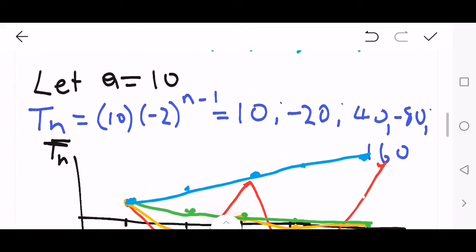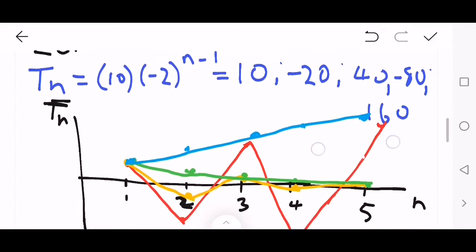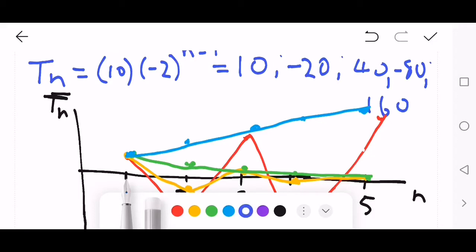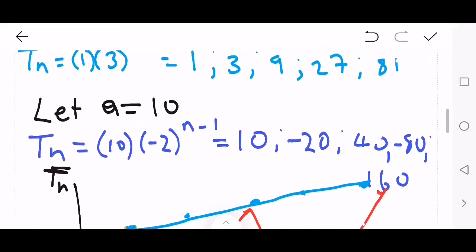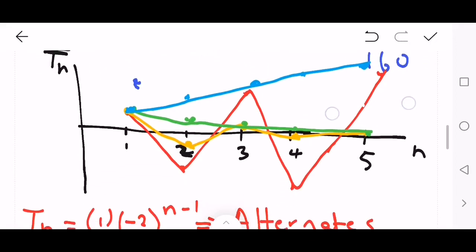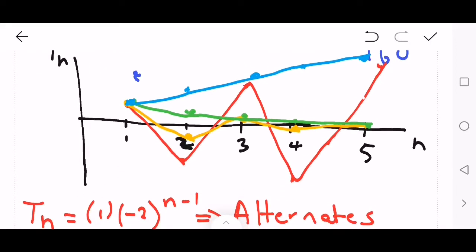Now let us look at the graph of a equals 10 and constant ratio of minus 2. Our first term is 10. Our second term is minus 20.